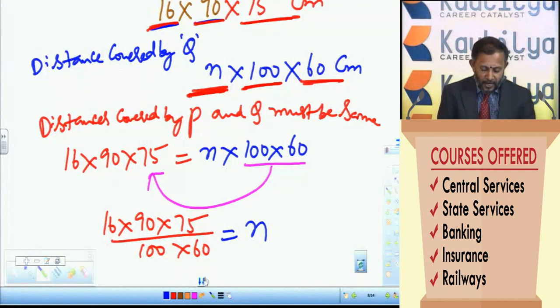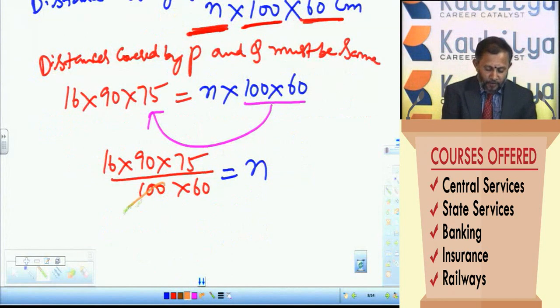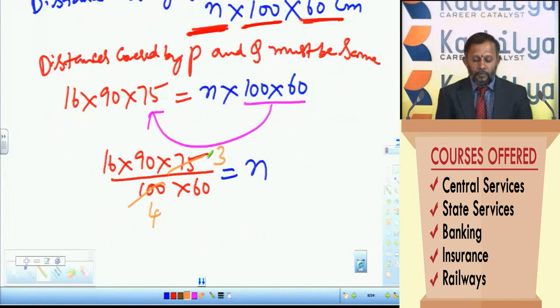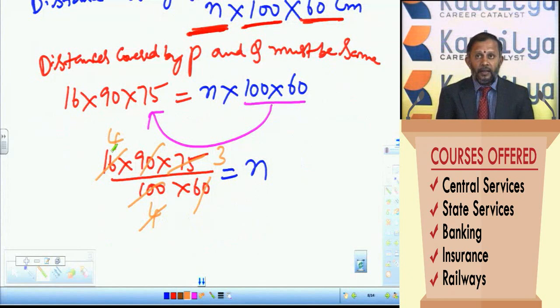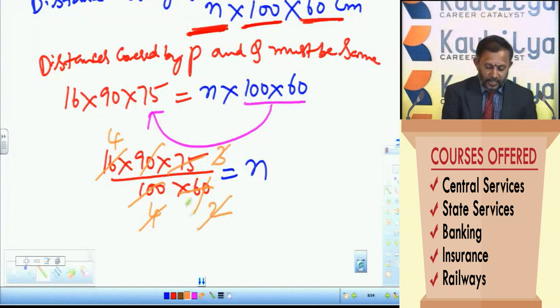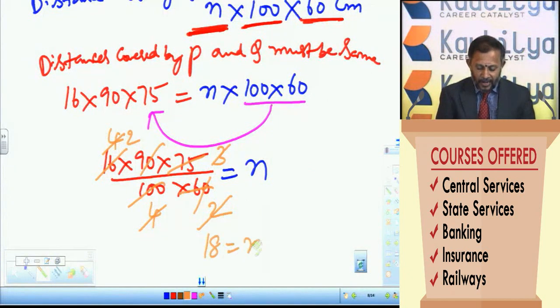After suitable calculation, 25 gets cancelled for 4 times, for 3 times, and here 0 gets cancelled. Next 4 gets cancelled for 4 times, next 3 gets cancelled for 2 times, and 2 gets cancelled for 2 times. So therefore, it requires 18 minutes.